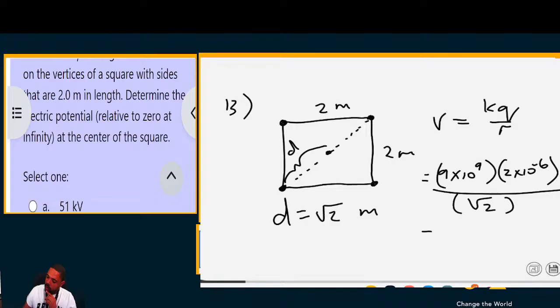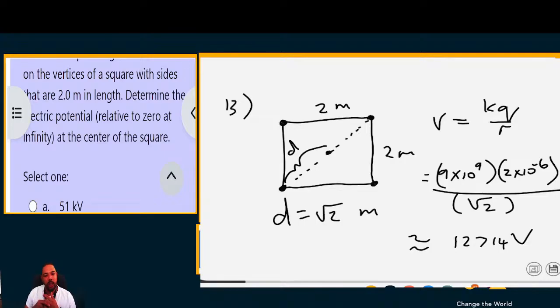I didn't round or anything, so it's approximately 12714 volts. Okay, 12714 volts. So you have this voltage at the center due to one charge, but you have in fact four charges, okay, same distance away.